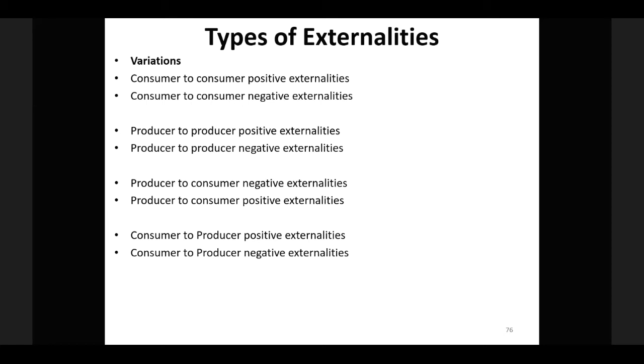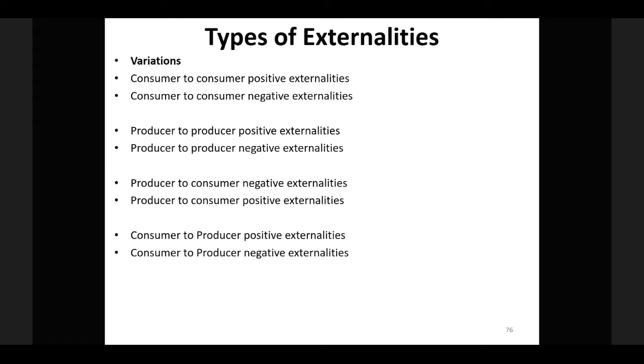Another variation of the type is producer-to-consumer negative externalities, where the production activities of the producer generate negative externalities to the consumer.